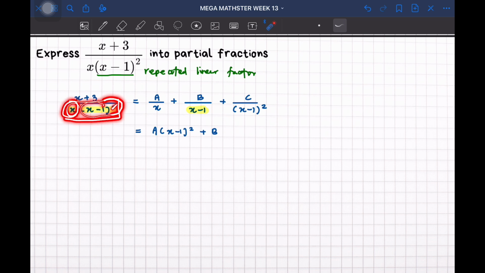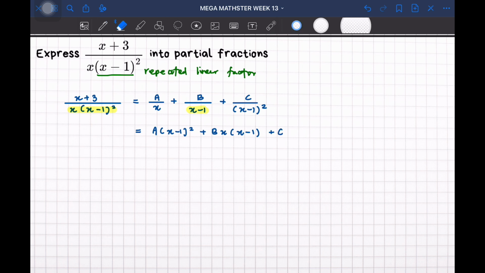Okay, so we will multiply this one with our B. So B will be multiplied with x as well as 1 x minus 1, like this. Okay, and then lastly for C we already have x minus 1 square. Okay, and means that we don't need this x minus 1 square, we just need x only. So C will be multiplied with x. Right, settle? And then your denominator is x times x minus 1 square.